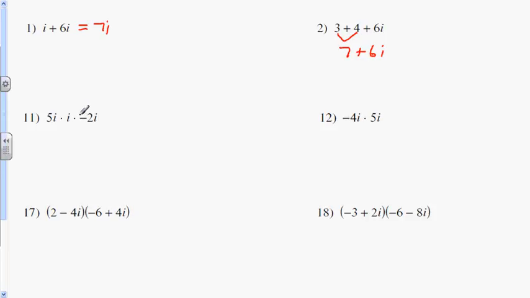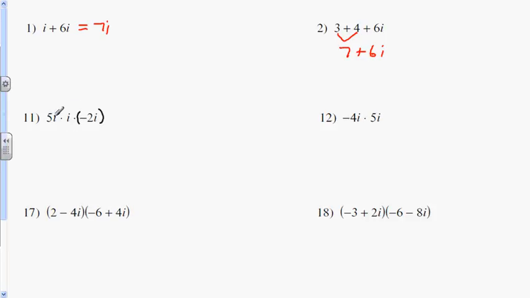Now when we multiply, I don't like this question so much as their notation is not proper. So I'm going to fix this. It's 5i times i times negative 2i. A little bit clearer when they use parentheses. This is a multiplication problem, and multiplication and division don't care about like terms. We have to just do the product and not worry about like terms.